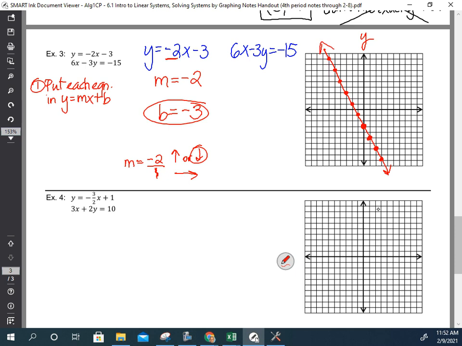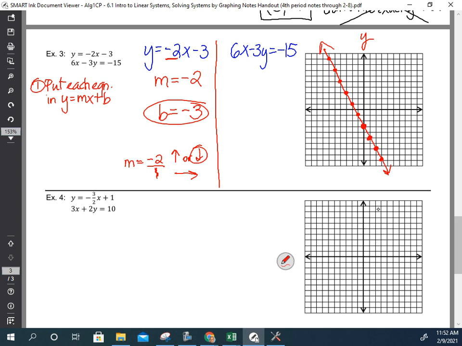Now, IXL will make the line for you once you have 2 points. If you're doing it by hand, I would put as many points as you possibly can so you can make that line as straight as you possibly can. That's the first equation.